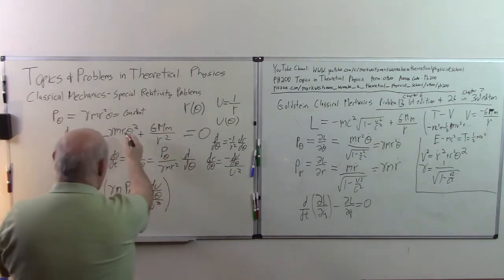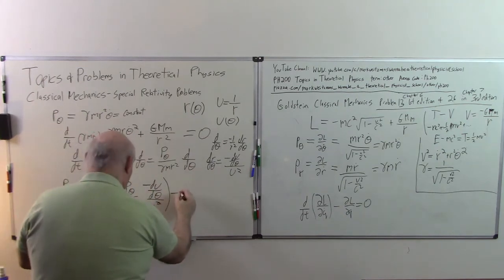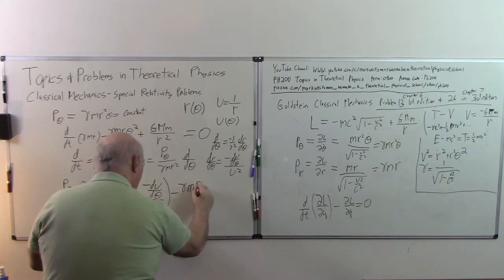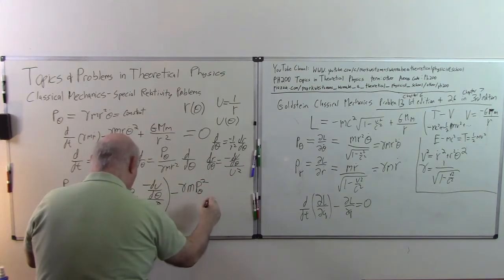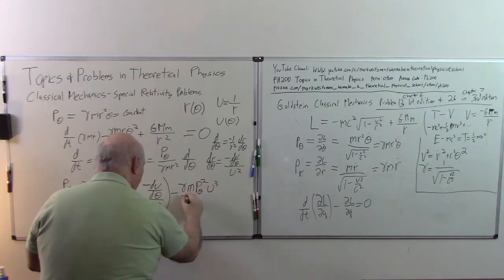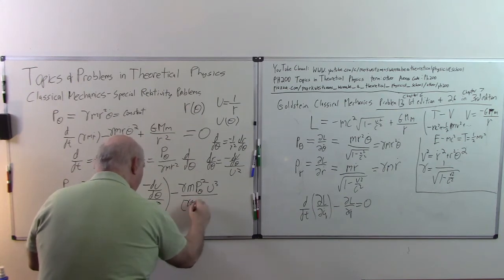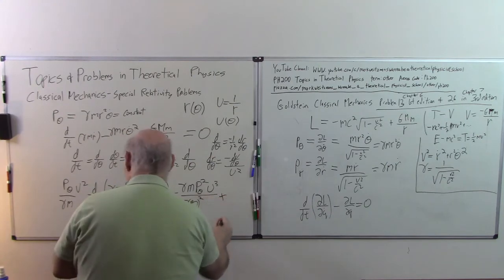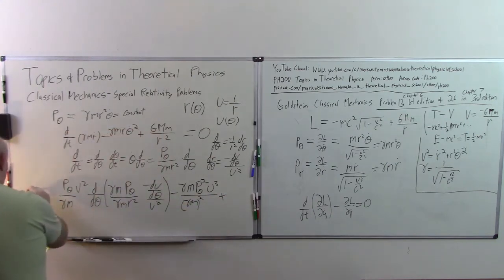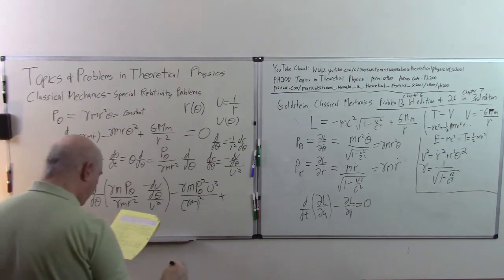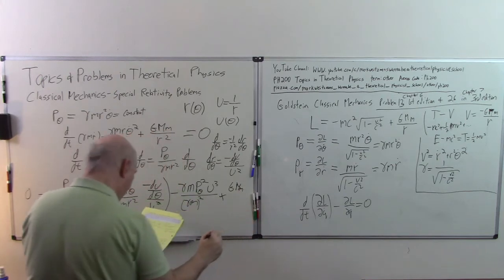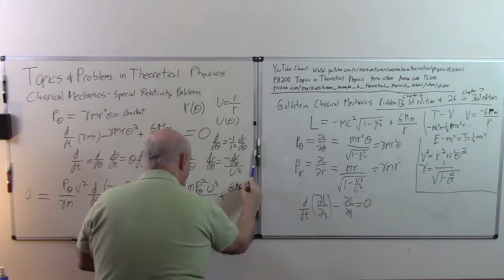And then the next term in our differential equation, minus gamma m p theta squared u cubed over gamma m, squared, I'm sorry, plus, I'm going to write 0 equals plus G M m u squared.